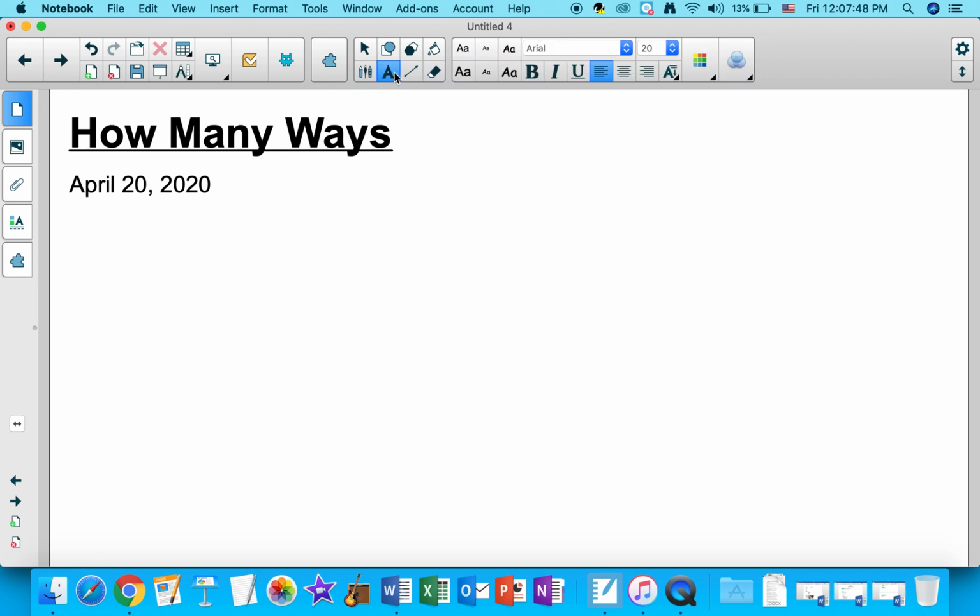And if you're using addition equations to represent your number, let's say that I'm representing the number 11. One addition equation that I could have to represent 11 is 5 plus 6 equals 11.